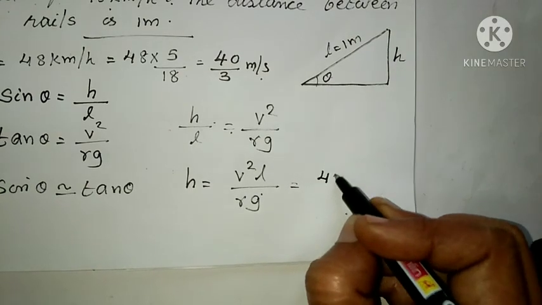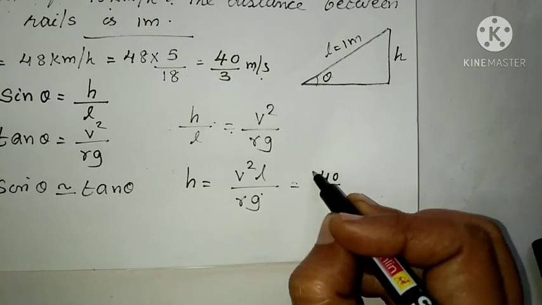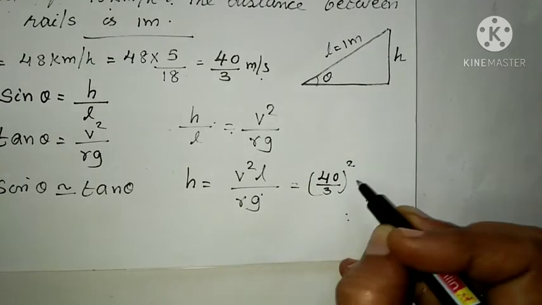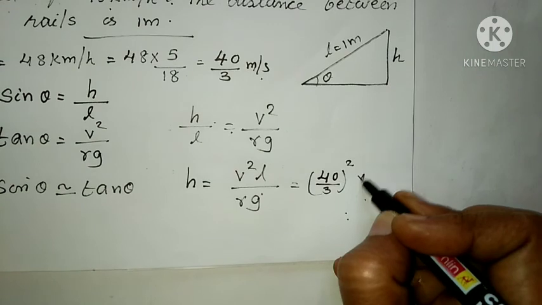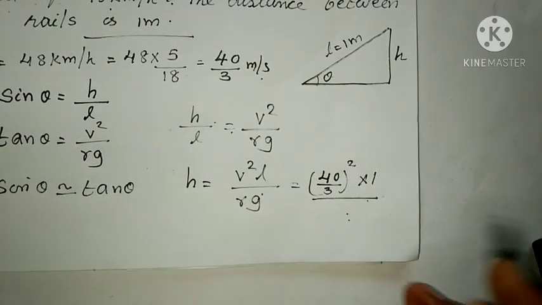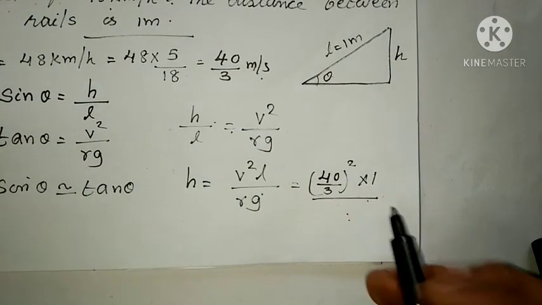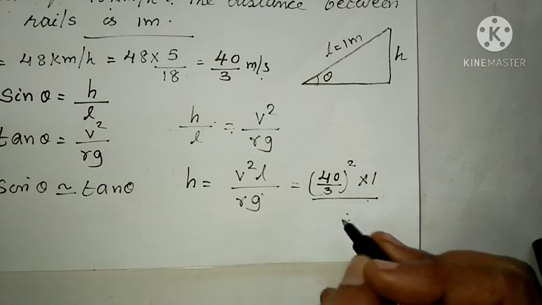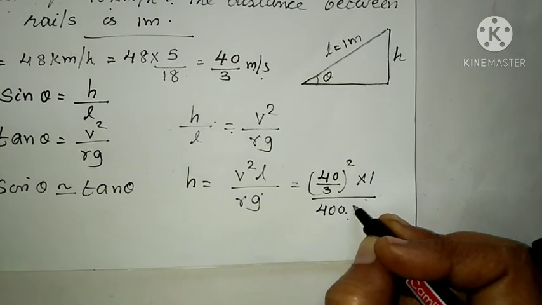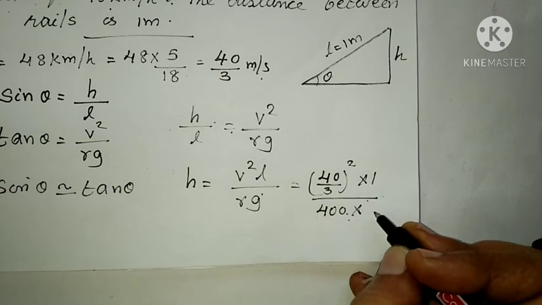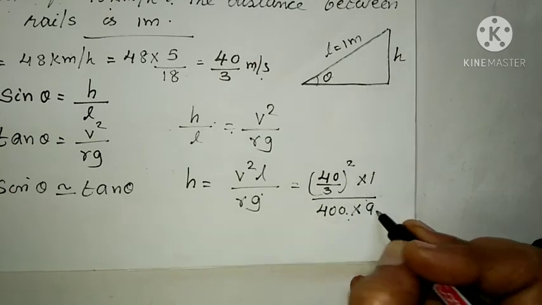That is 40 by 3 the whole square, into L. What is L? The distance between the rails, that is 1, divided by R, which from the question is 400 meter, into g. You can take g as 9.8 or 10.